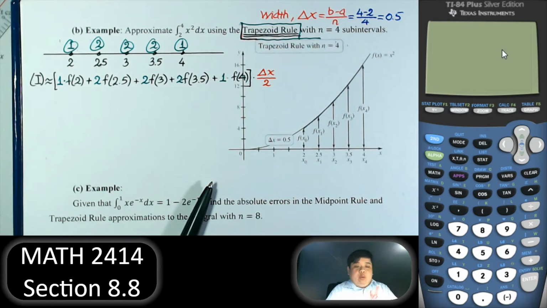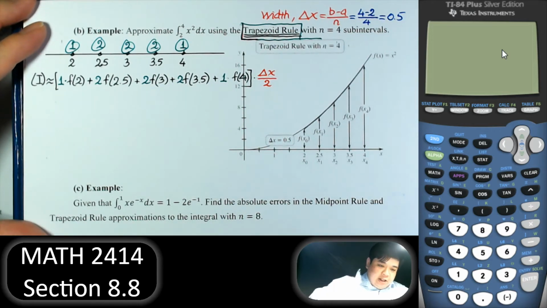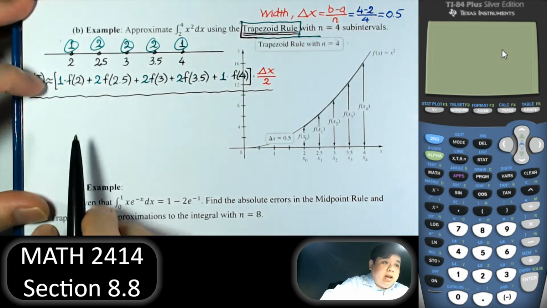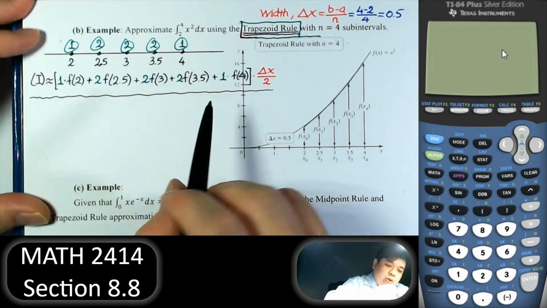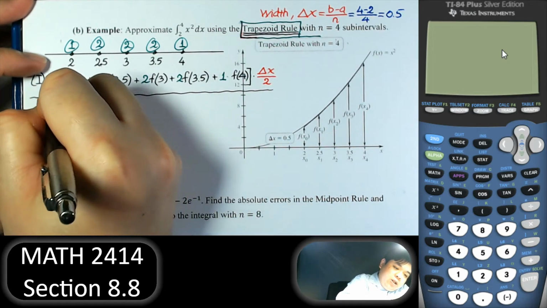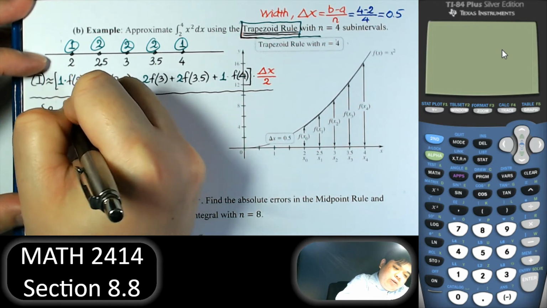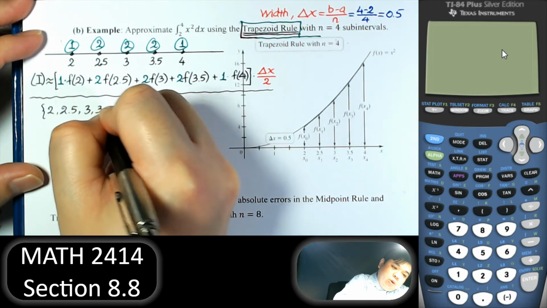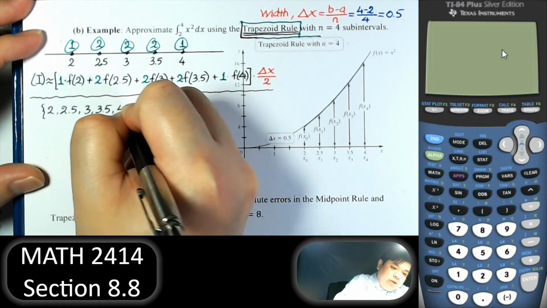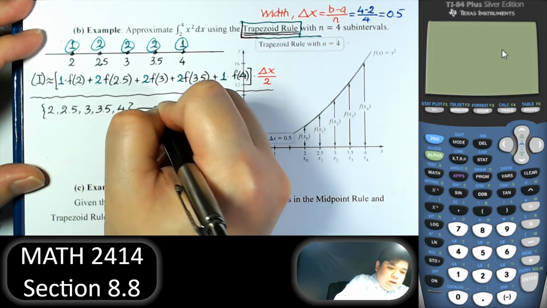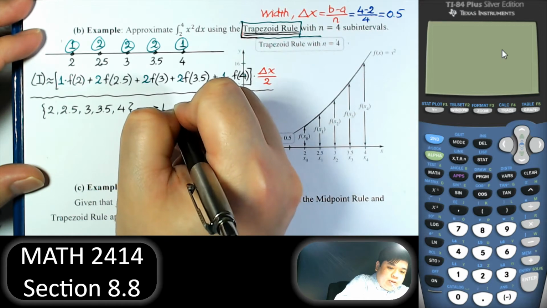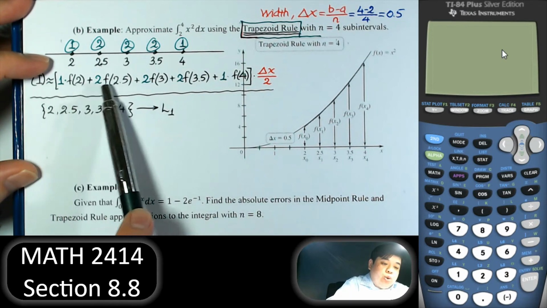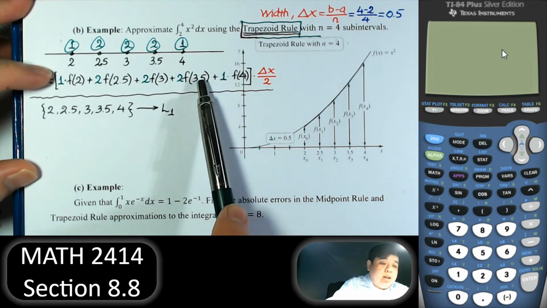Now we're going to do this by calculator. So first, same thing. I'll store these values into L1. So 2, 2.5, 3, 3.5, and 4. Store into L1. Now I will store the coefficients into L2.